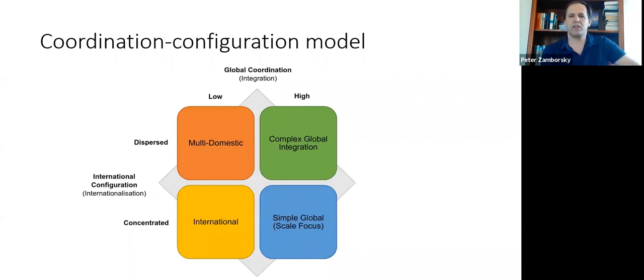So that could link to a couple of strategies based on the level of global coordination and international configuration, from multi-domestic, where you don't coordinate much, but you are quite dispersed internationally, to, say, the most complex global integration, where you have a quite high degree of coordination of dispersed operations.